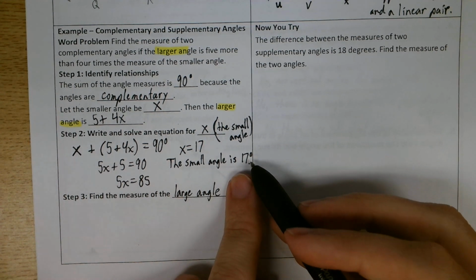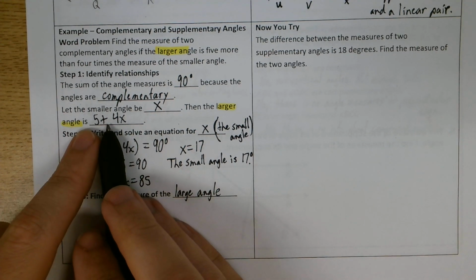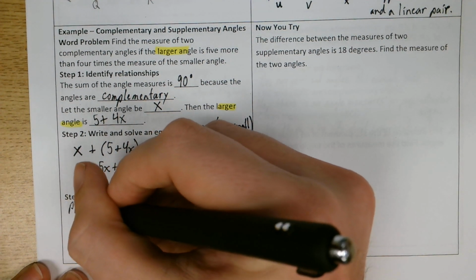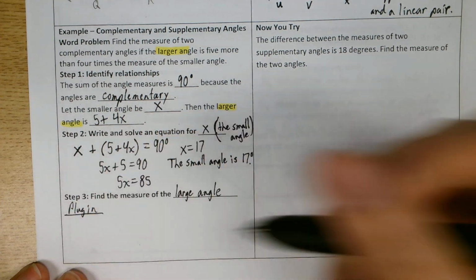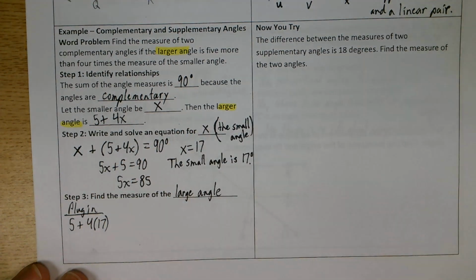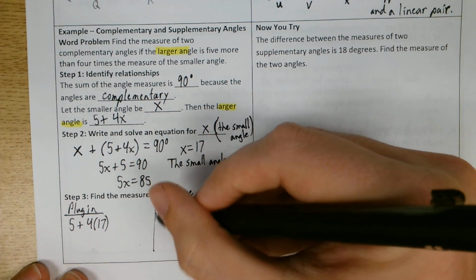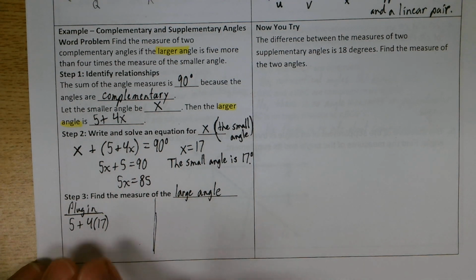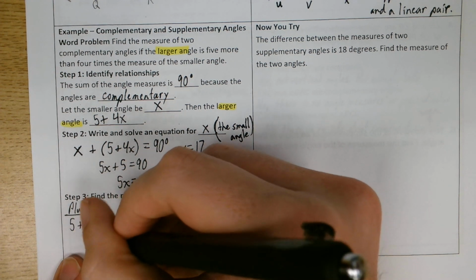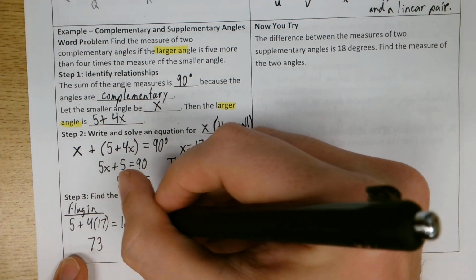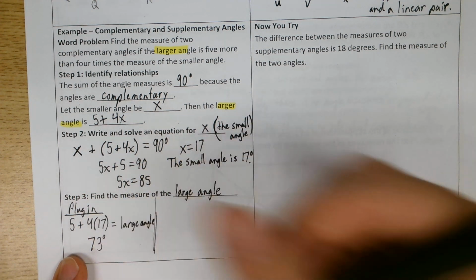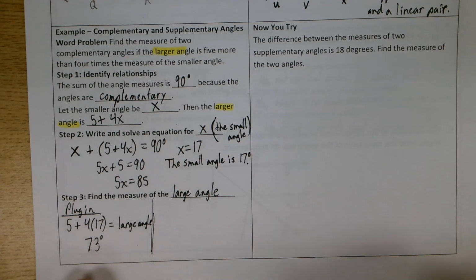You could take your small angle and plug it into the formula for the large angle, which would be 5 plus 4 times 17. Four times 17, 68 plus 5 gives you a value of 73 for the large angle. Our large angle is 73 degrees.